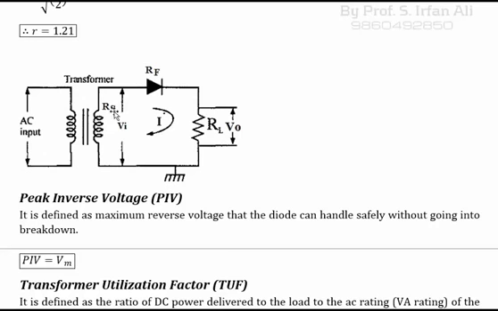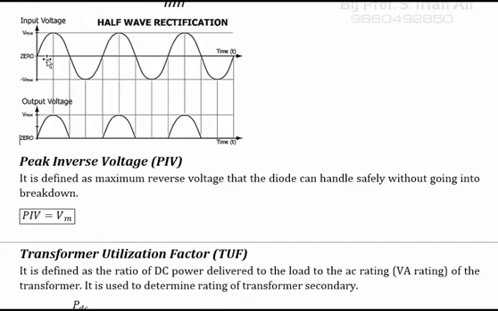So complete voltage that is appearing in the secondary side will come across the diode, and we know that we actually used to label the peak of voltage as VM. So I brought this figure here. We generally label this height as VM.